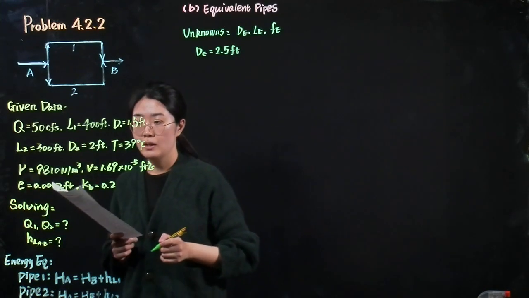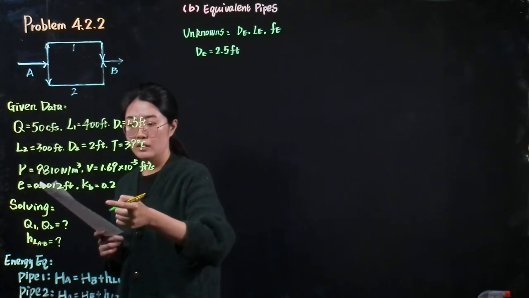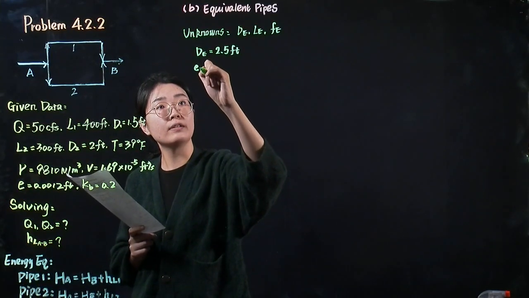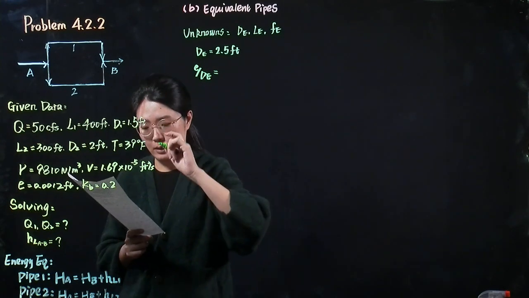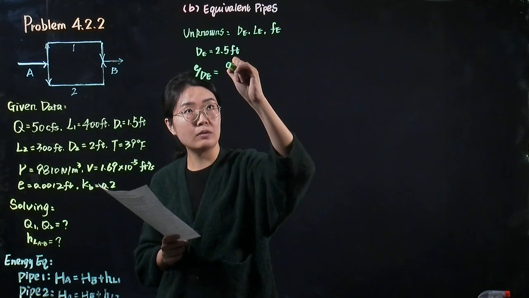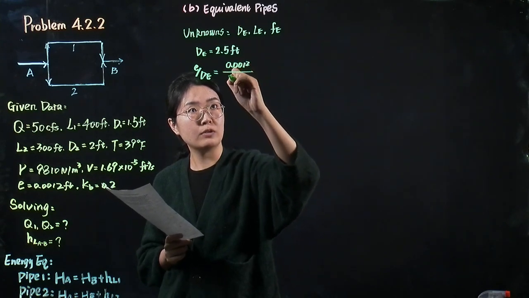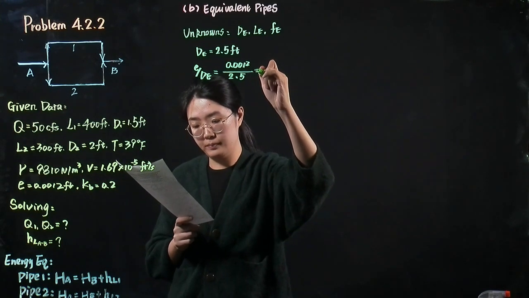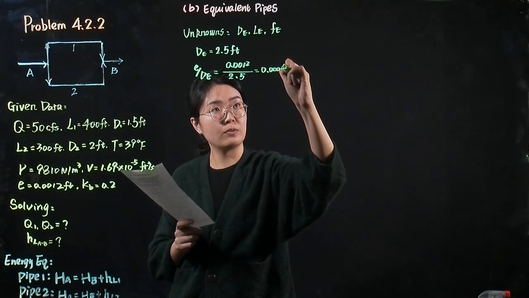And because the roughness is given, we can calculate the relative roughness for the equivalent pipe. It equals 0.0012 over 2.5, which equals 0.00048.